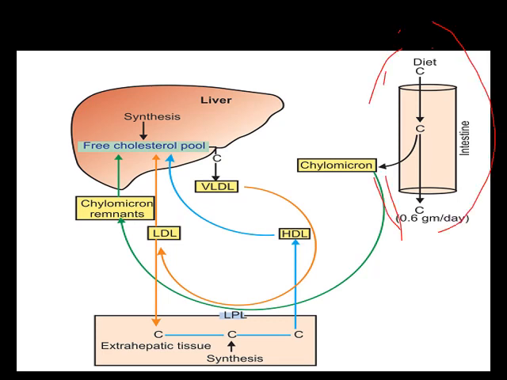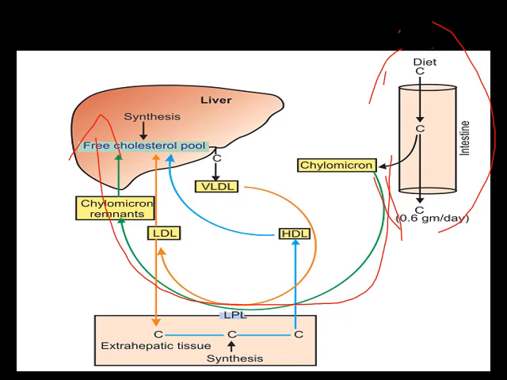The dietary cholesterol is transported in the form of chylomicrons. In the intestinal mucosa, together with the unesterified cholesterol, it is incorporated into chylomicrons, which are a transport form of cholesterol and other dietary lipids from the intestine to the blood. You can see chylomicron is a transport form of cholesterol to the liver cells for metabolism.